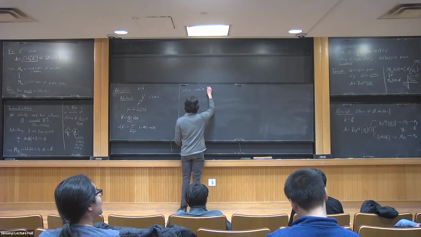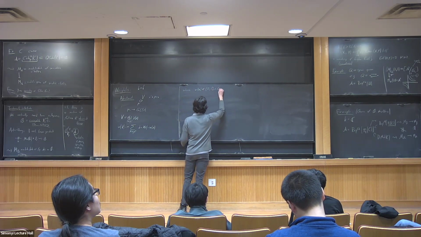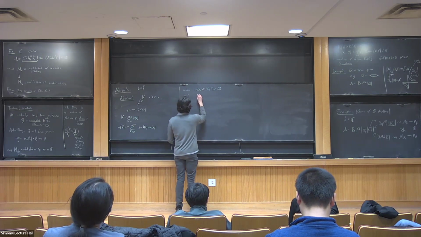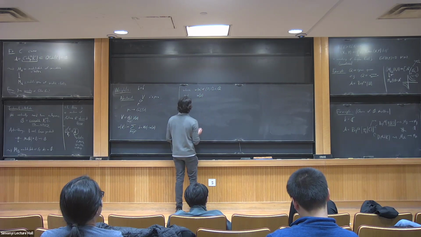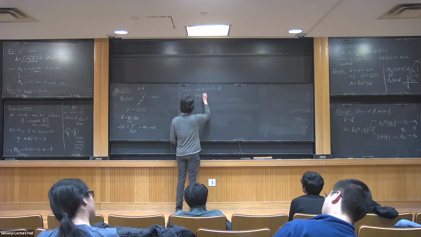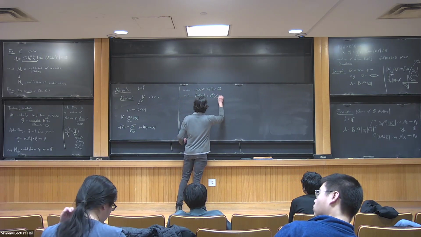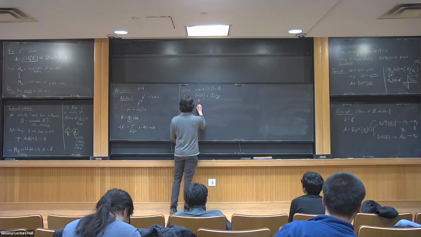So this is a rational number between 0 and 1, such that if you map it to Q mod Z, you get the class of the character chi.